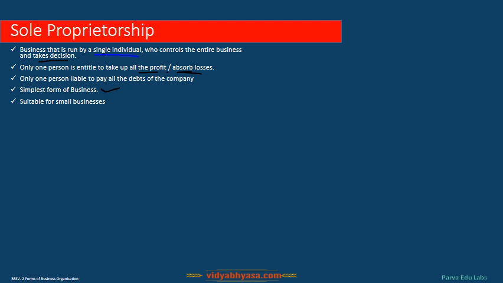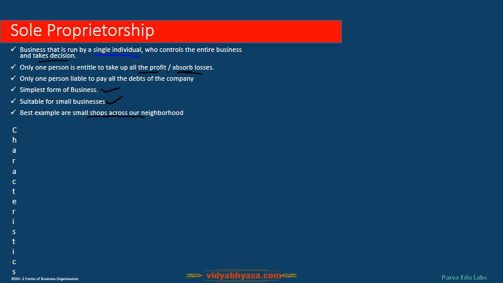Sole proprietorship is suitable for small businesses because for one person it is very difficult to arrange funds for large business engagements. So a single person can arrange funds suitable for small businesses. The best examples are the shops which we see across our neighborhood.